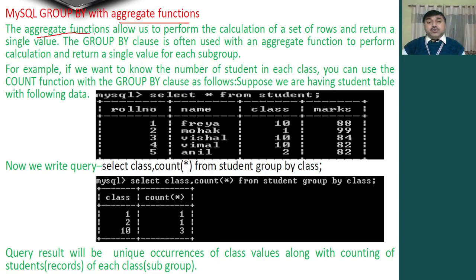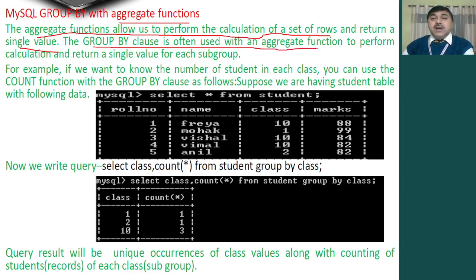I will ask you to use all the different clauses I have taught you, but this is what I am teaching at this moment, the revision of this work. When we use a group by clause, often there is an aggregate function that performs different single operations. So you can use the count function with the group by clause here.